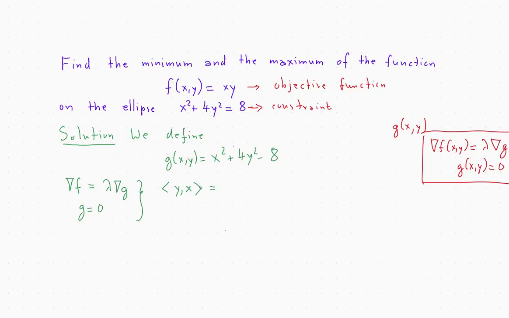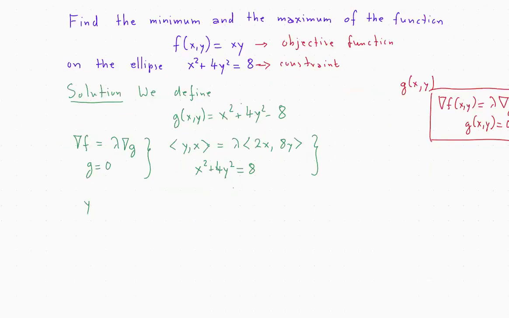And of course, the equation g equals 0 is x squared plus 4y squared is equal to 8. And this translates to y is equal to 2 lambda x, and x is equal to 8 lambda y. And x squared plus 4y squared is equal to 8.